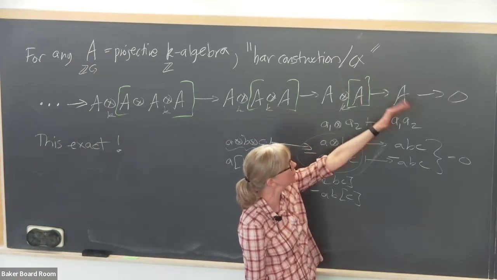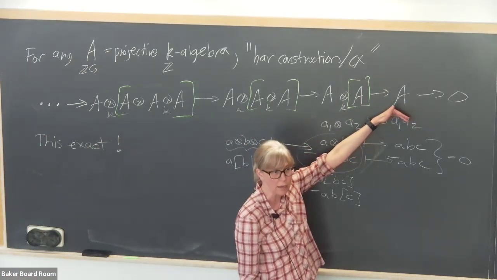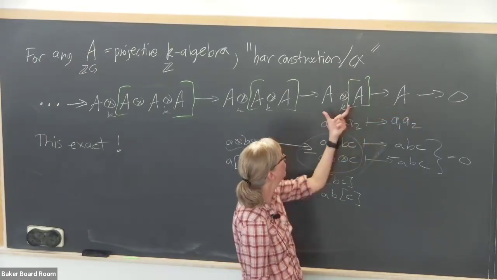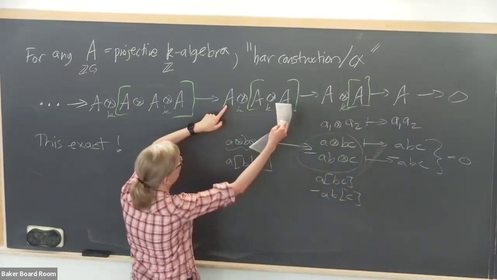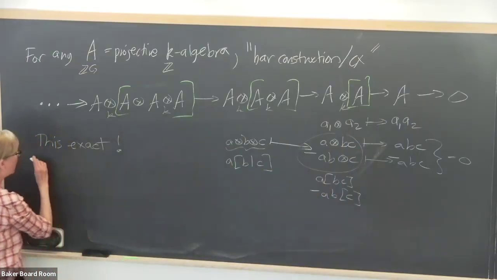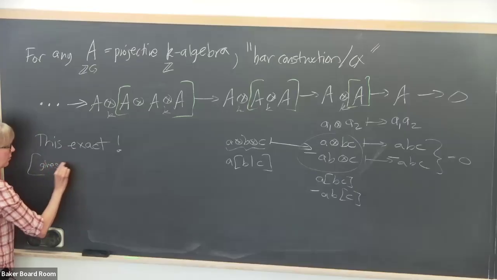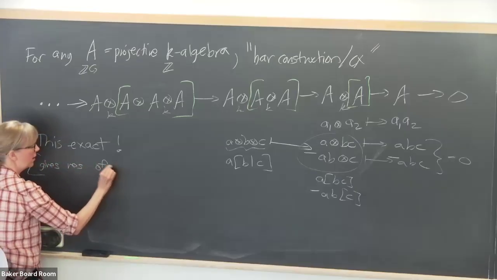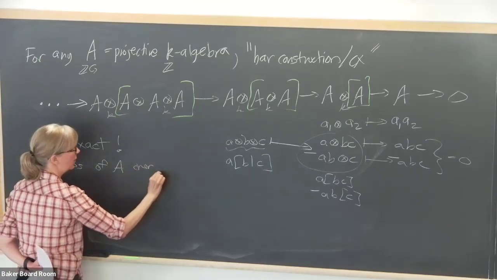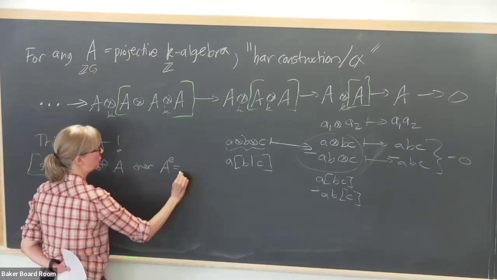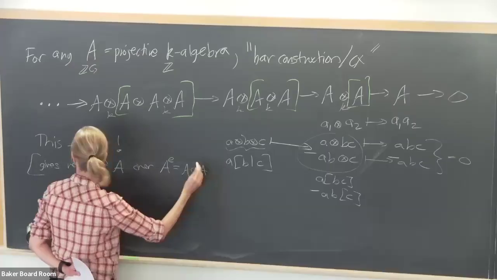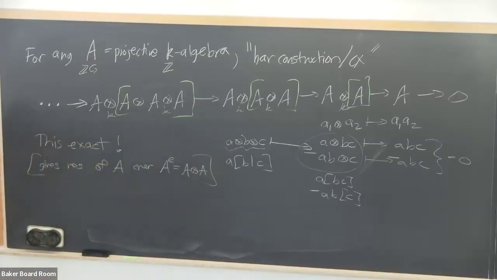So it's a universal resolution of A over A, or a universal resolution of A over A tensor A, which acts on the outside factors. That's not the one we care about, but I'll just mention it anyway. This is exact. So this does give a resolution of A over A, the enveloping algebra A^e, which is A tensor A. But that is not the topic of today.